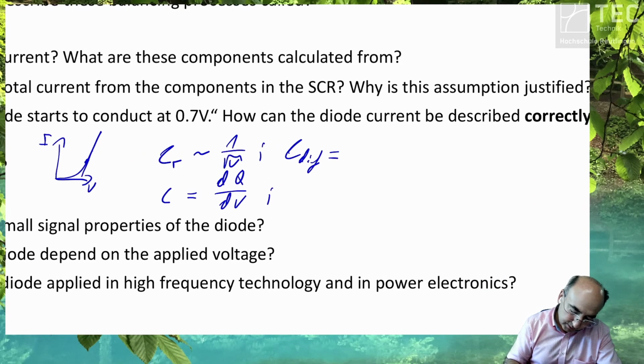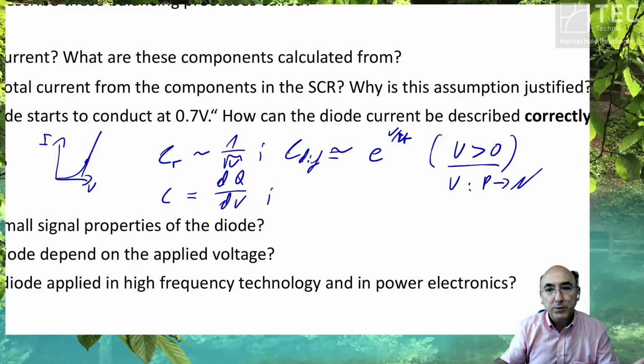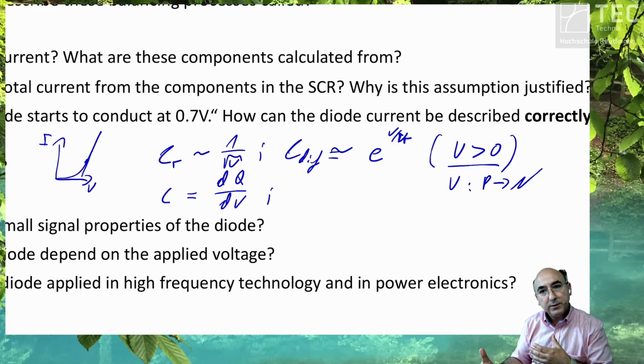This one is proportional to e to the power of V divided by V_T. Why? It is only relevant for V larger than 0, and V is defined from the p to the n area. So these are the small signal parameters. If you know this by heart, then I'm happy.